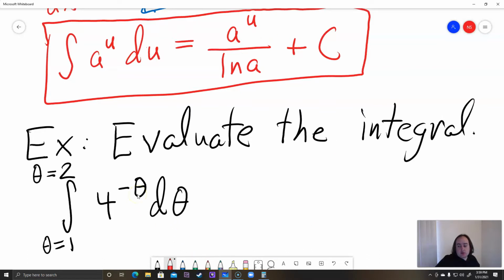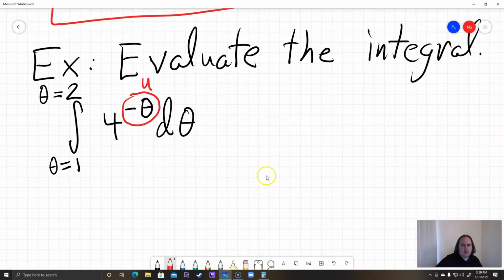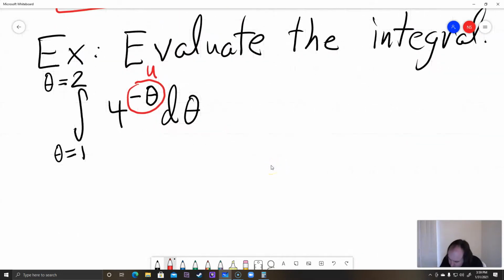As usual, we want to let u be the inside of the composite function. Here the composite function is 4 to the negative theta, and the inside is negative theta. So we let u equal negative theta.